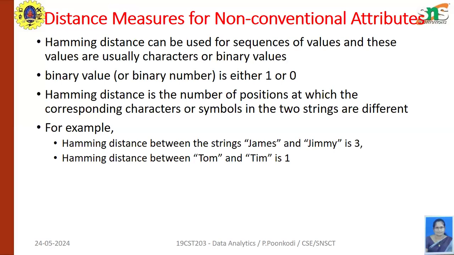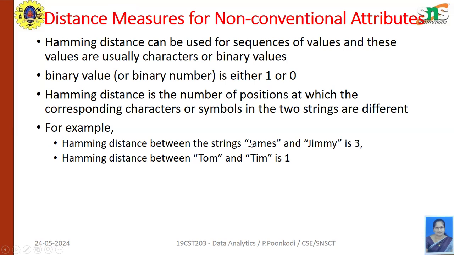If you consider these two strings, the J is common and one M is common. The rest of the characters are not common in both the strings. Then, coming to the second string, IMY.